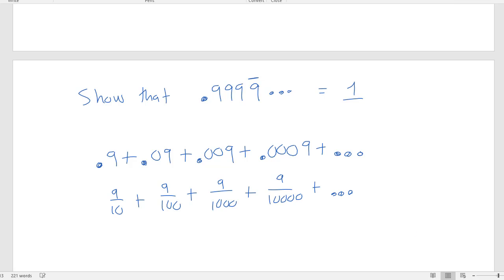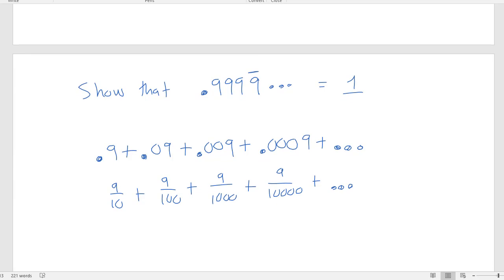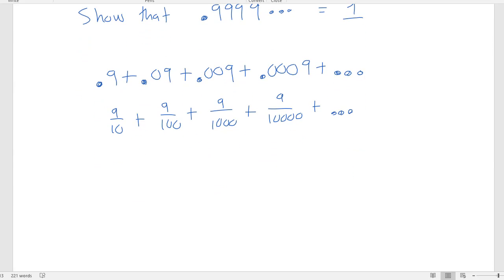So what we really have is a geometric series there. I could write this as 9 over 10 to the first, 9 over 10 squared, 9 over 10 cubed, 9 over 10 to the fourth, dot, dot, dot. So we can see this definitely is geometric.